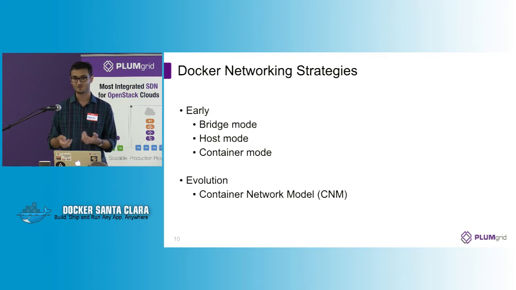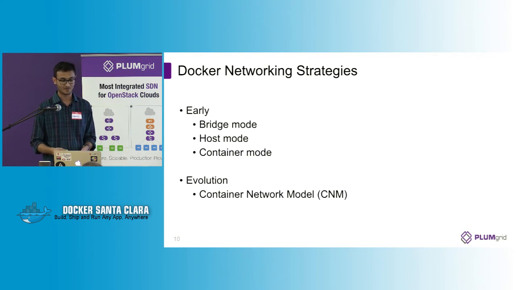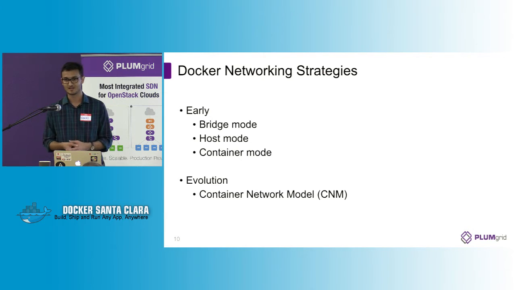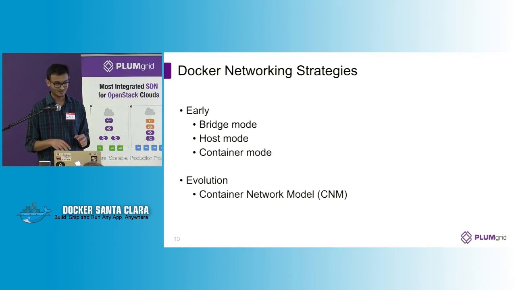Then there is container mode, where your container could get connected to another container, and they share the same network namespace of a particular container, and they all have communication. This is the model which was used by Kubernetes initially, and now they're moving to a better model. That's the early times and a quick overview of that.